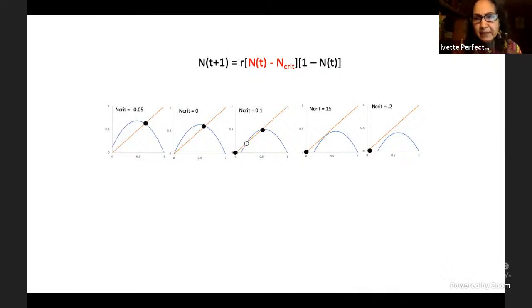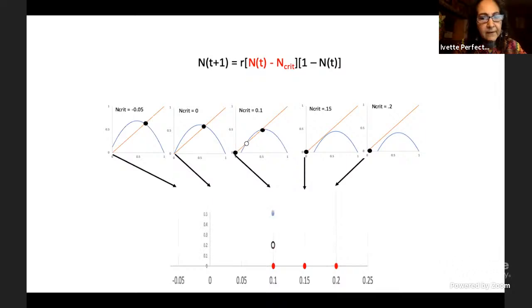And here we have a summary graph of the equilibrium points as we see the changes in n-crit. So what I'm doing here is plotting the equilibrium points with different levels of the critical density.